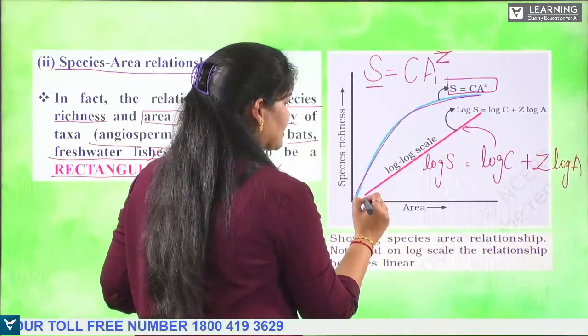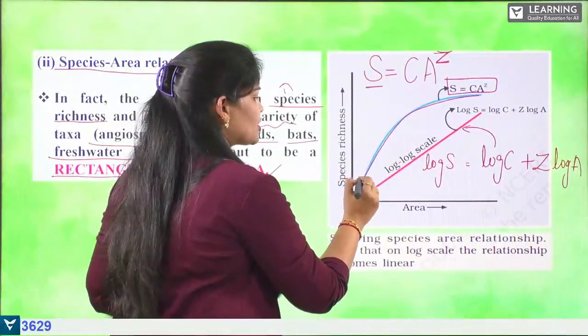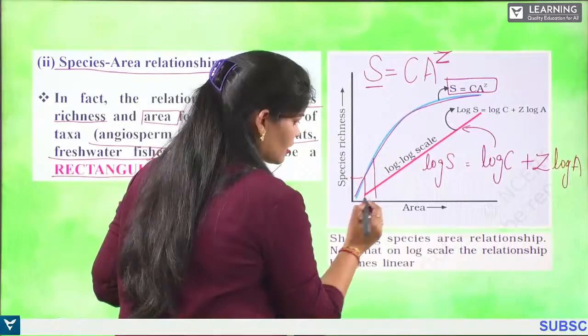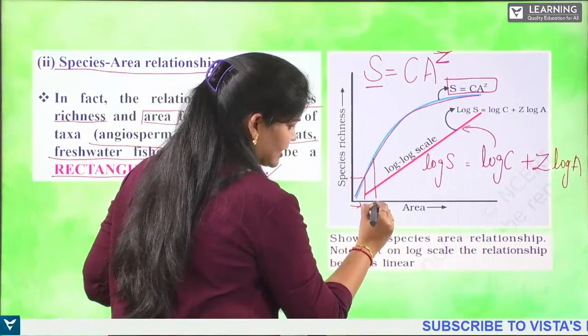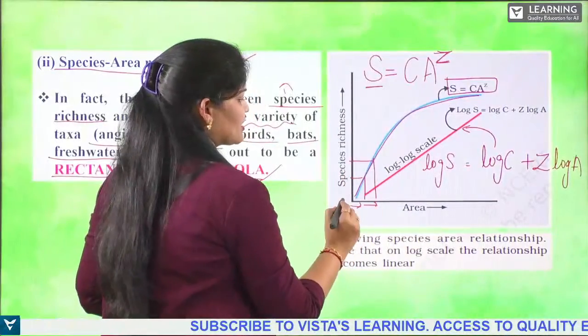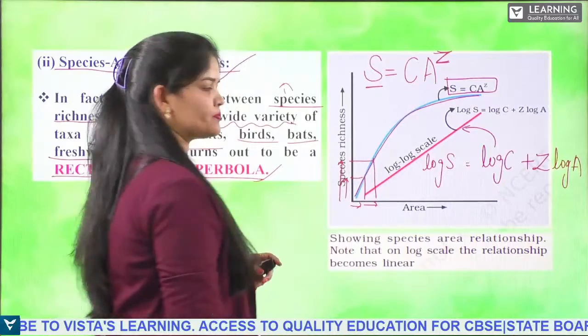If we increase the area, there is an increase in species richness. Further we increase the area, we keep on increasing the area, and there is an increase in the species richness. Here it is increased, here it is further increased.